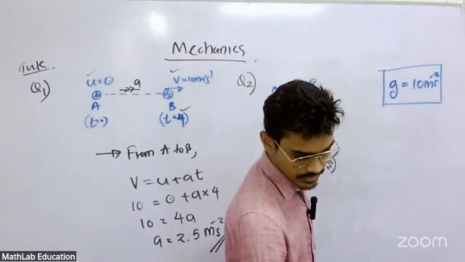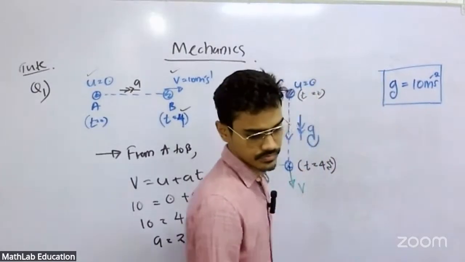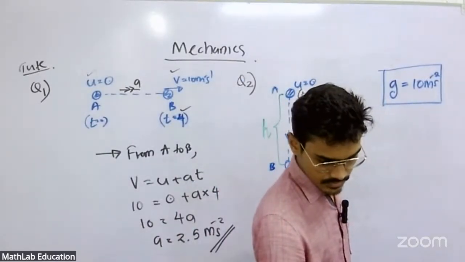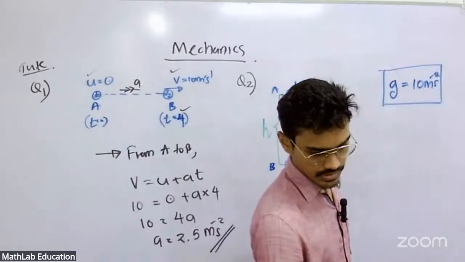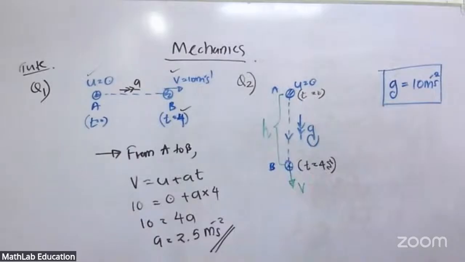Eight plus 2.5, yes, it's good. 40, yes, correct. Good. Direction and section. Practice it.